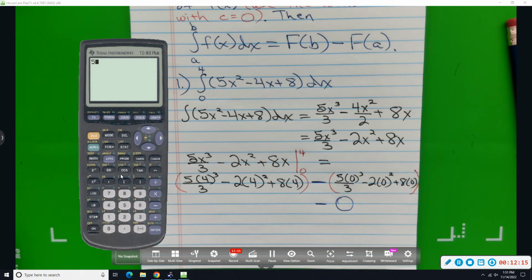That's 5 times 4 cubed, and then we have to divide that by 3, minus 2 times 4 squared, plus 8 times 4. Let's see, let's convert that to a fraction.